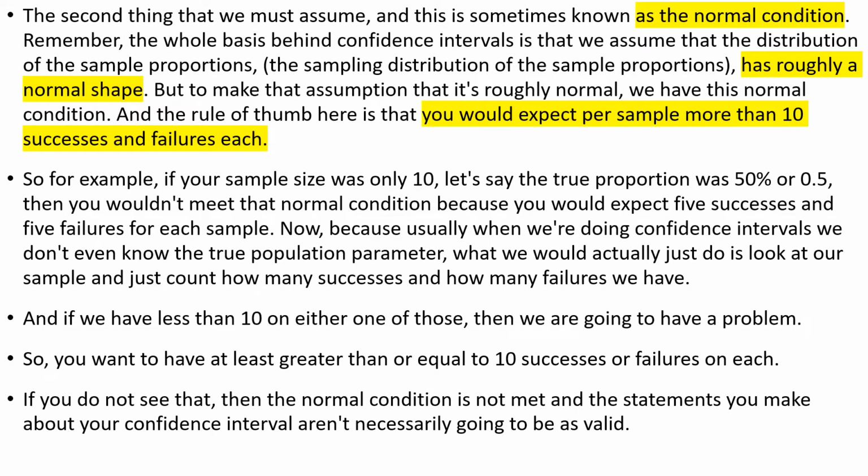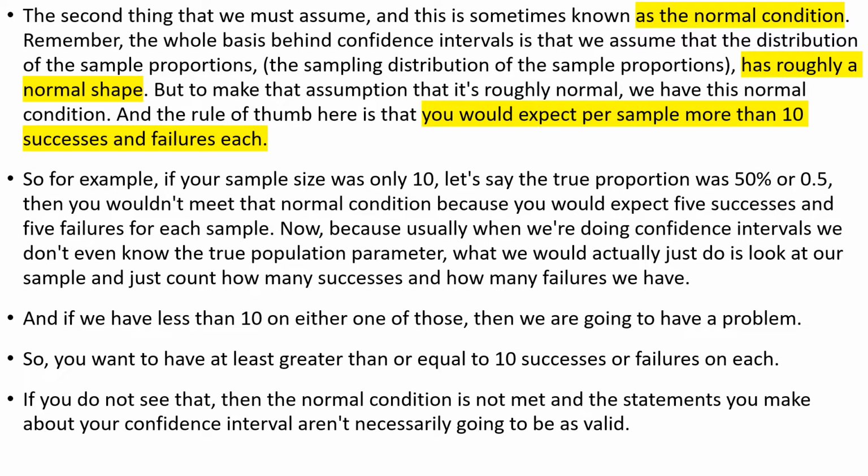The second thing that we must assume, and this is sometimes known as the normal condition. Remember, the whole basis behind confidence intervals is that we assume that the distribution of the sample proportions, the sampling distribution of the sample proportions, has roughly a normal shape.